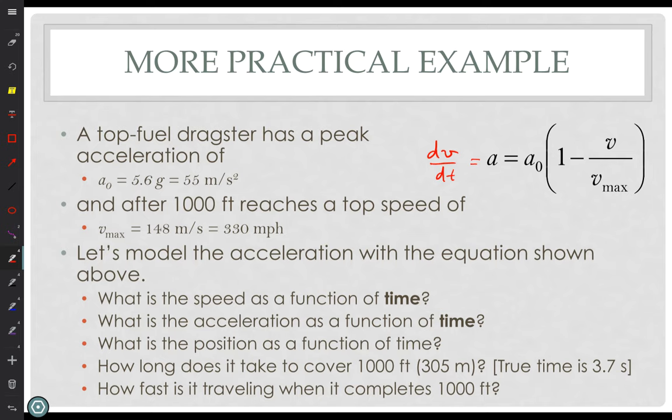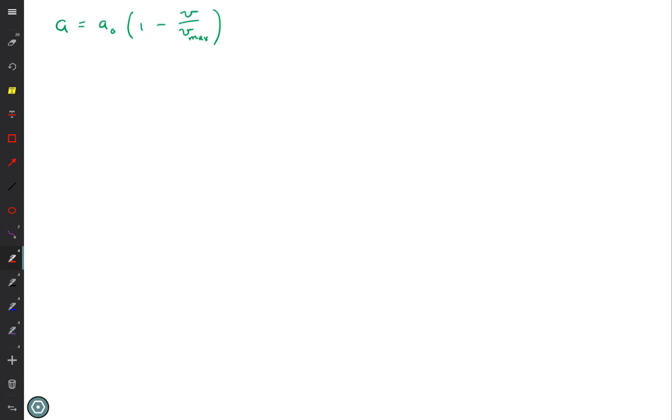So let's do this first part. Let's find the speed as a function of time. So here's my acceleration, which is equal to dv dt. Now we learned in our first lecture the next step. Do you remember from that first lecture what the next step is? Excellent. Separation of variables.